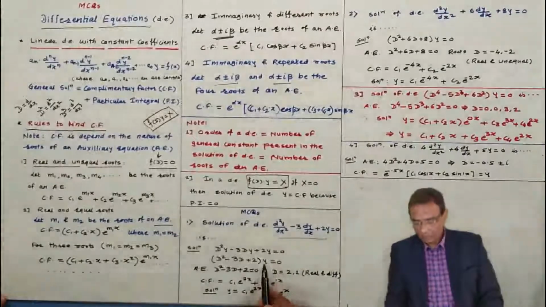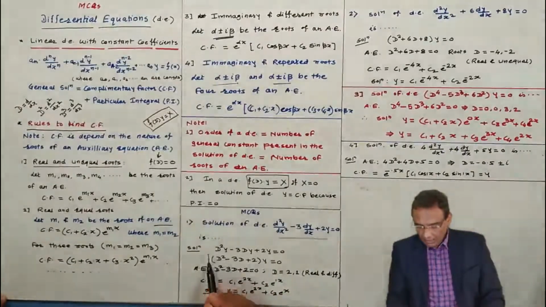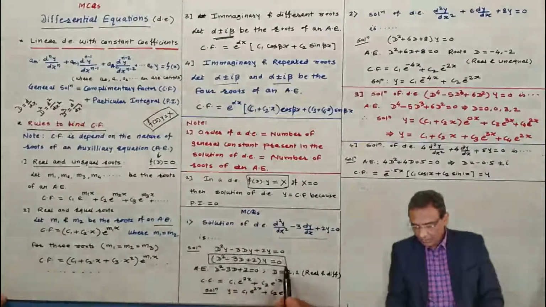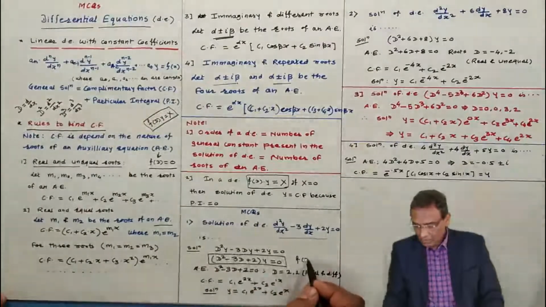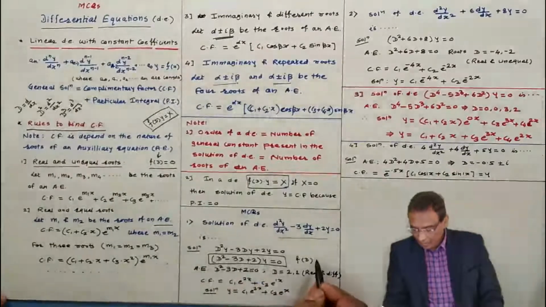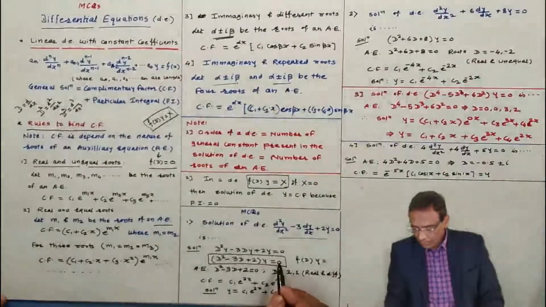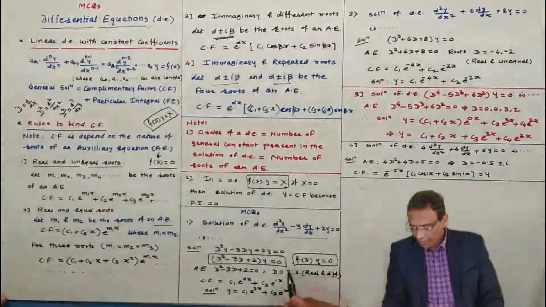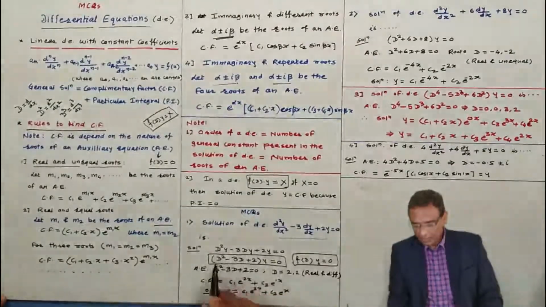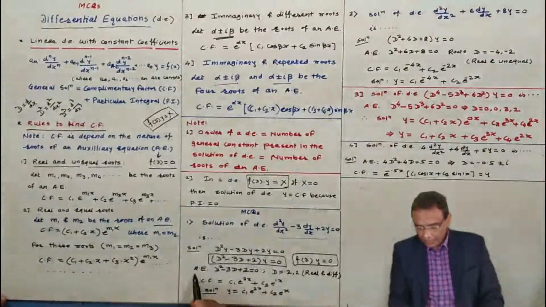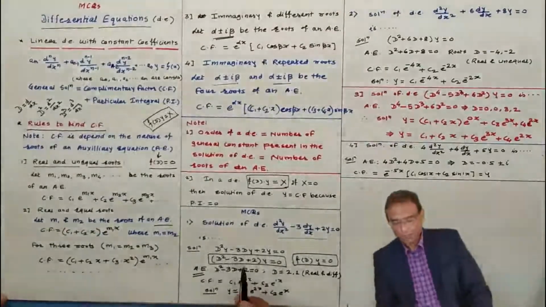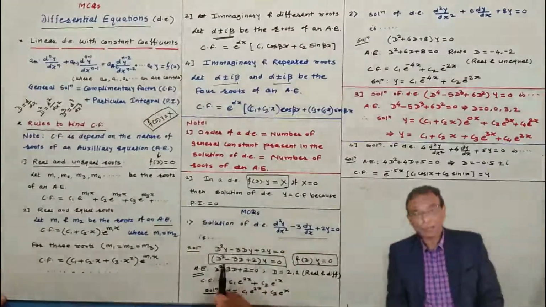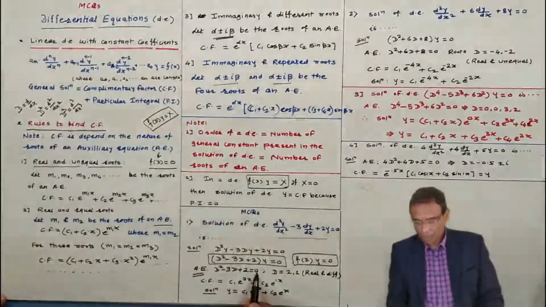Then take y common, and this is a differential equation of the type f of D times y equal to 0, capital X is 0. If you equate the coefficient of y, this bracket, to 0, it becomes the auxiliary equation. The auxiliary equation is this bracket of D equal to 0.